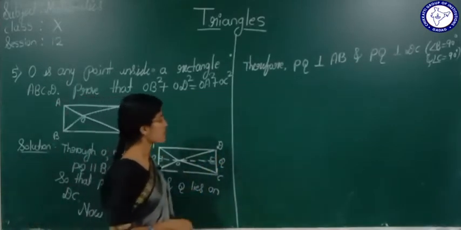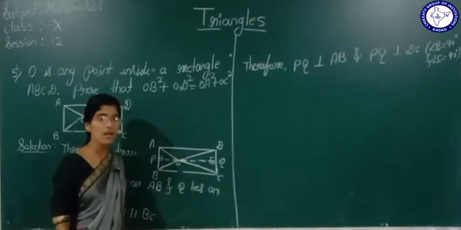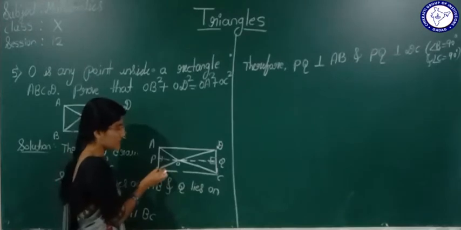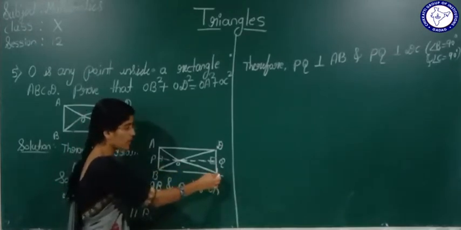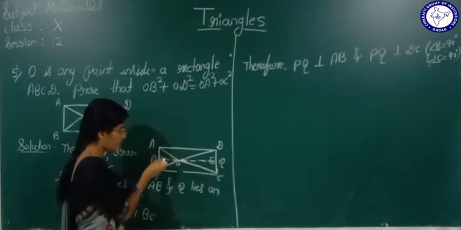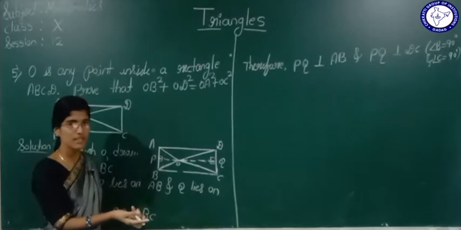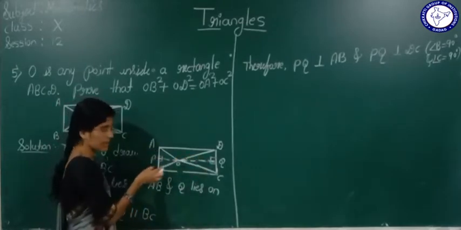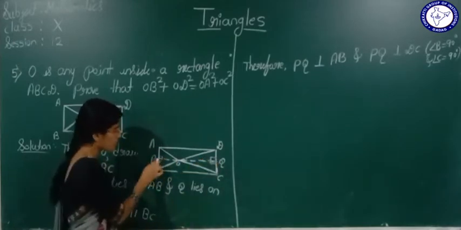Here angle B is 90 degrees, angle C is 90 degrees, therefore angle P is also 90 degrees, angle Q is also 90 degrees, because PQ is perpendicular to AB. So all angles are 90 degrees.